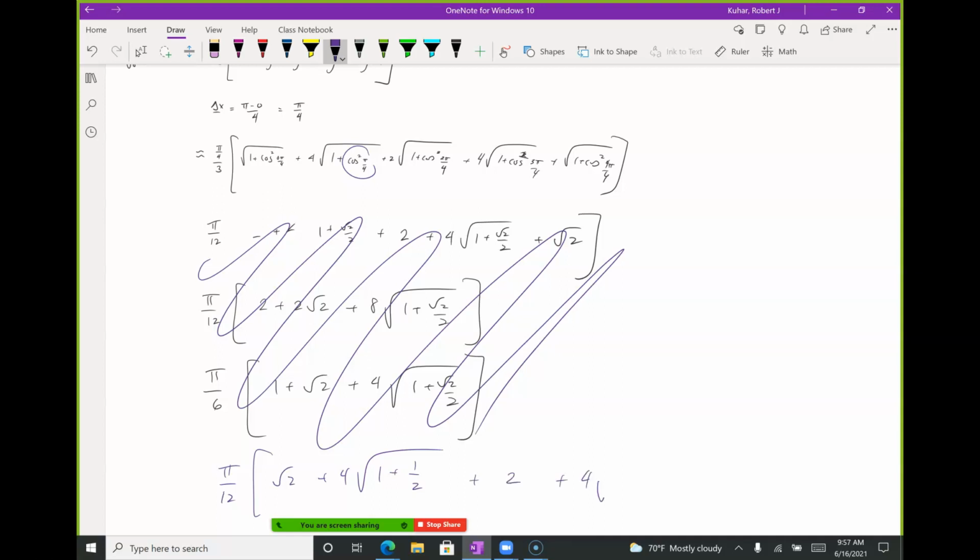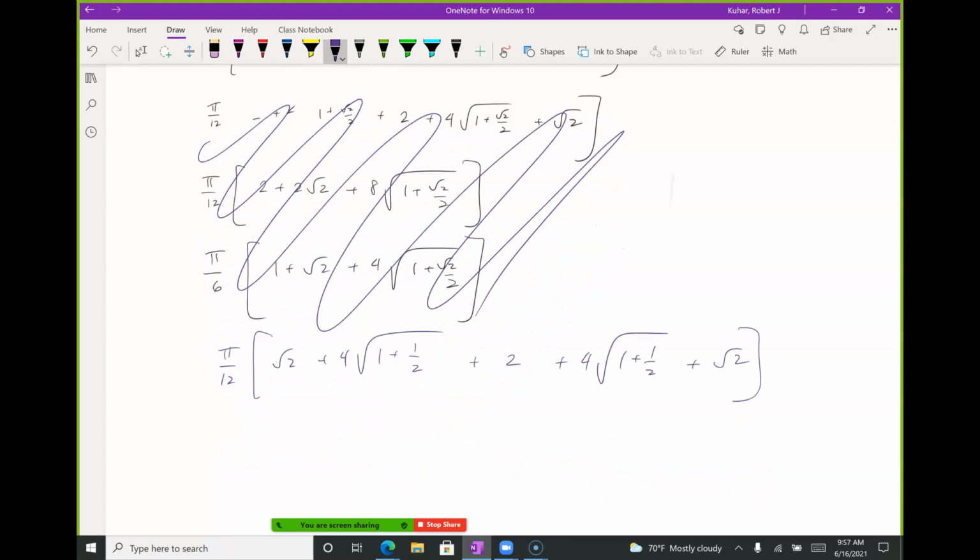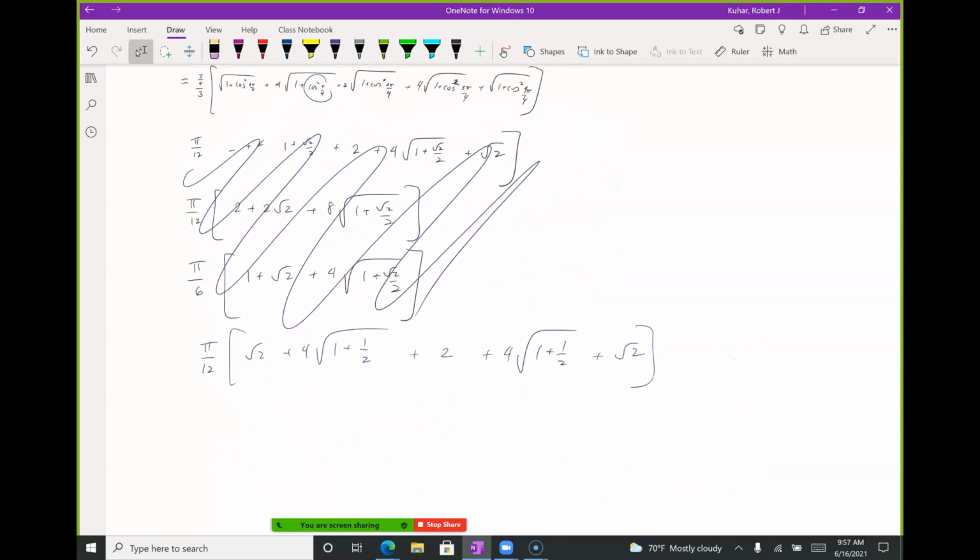And then I get another 4 times 1 plus 1/2. Thank you. Oh boy, that's bad. Oh, it's a nicer answer now, that's for sure. Right? Not really. 2 plus 2 rad 2. I almost had it. It was 8 square roots of 1 plus 1/2.